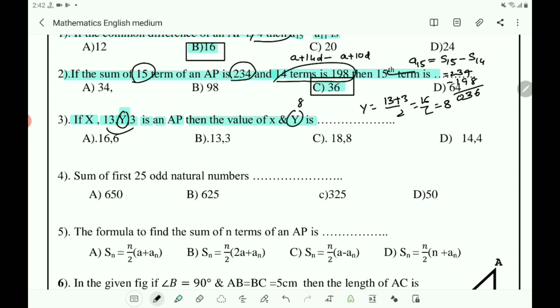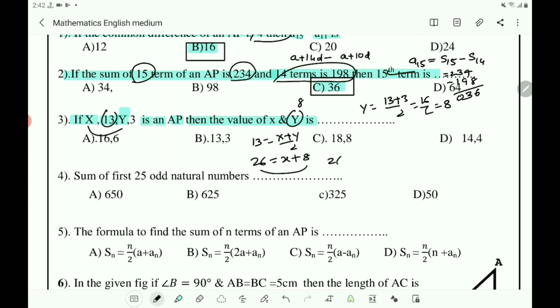Then if you got Y, again here 13 equals X plus Y by 2. 13 is the mean of X and Y. Then 13 into 2 is 26. 26 equals X plus Y, value 8.